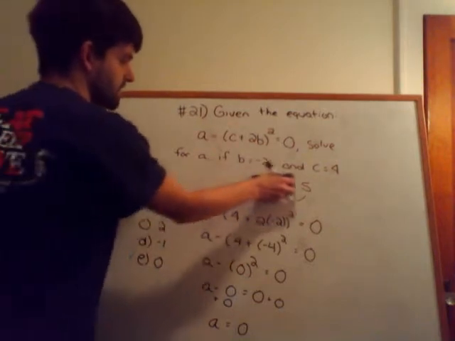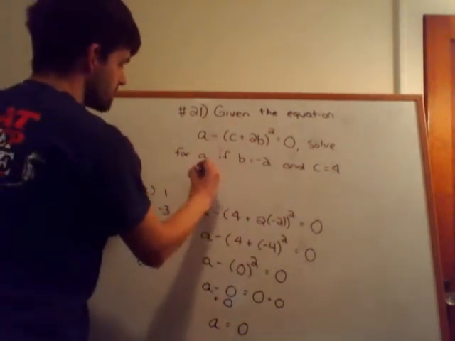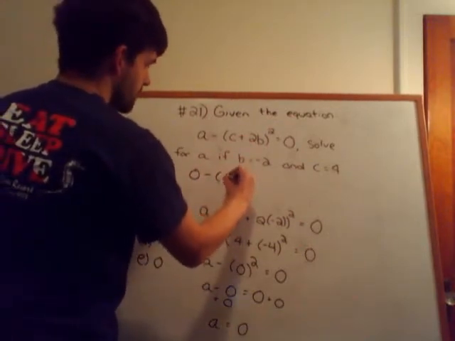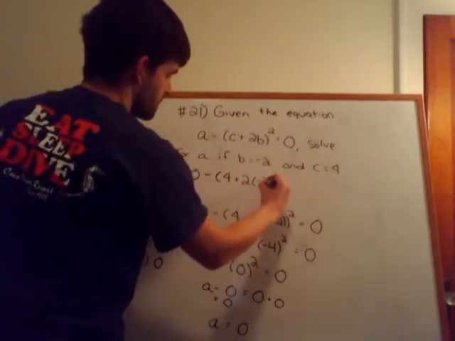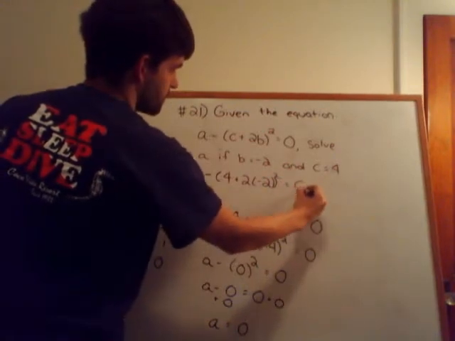So I'm going to go ahead and erase the PEMDAS. So we have 0 minus 4 plus 2 times -2 squared equals 0.